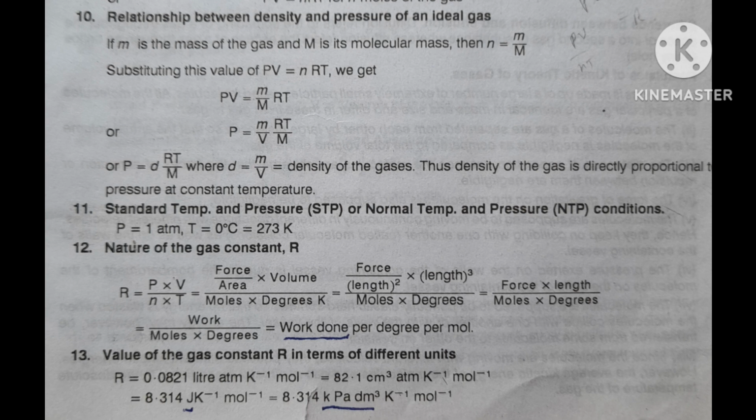Now a further relation for R: 8.314 into 10 to the power 7 ergs, already told you. If you include erg, that is another relation. 1 joule is equal to 10 to the power 7 erg. All are interrelated, per degree per mole.